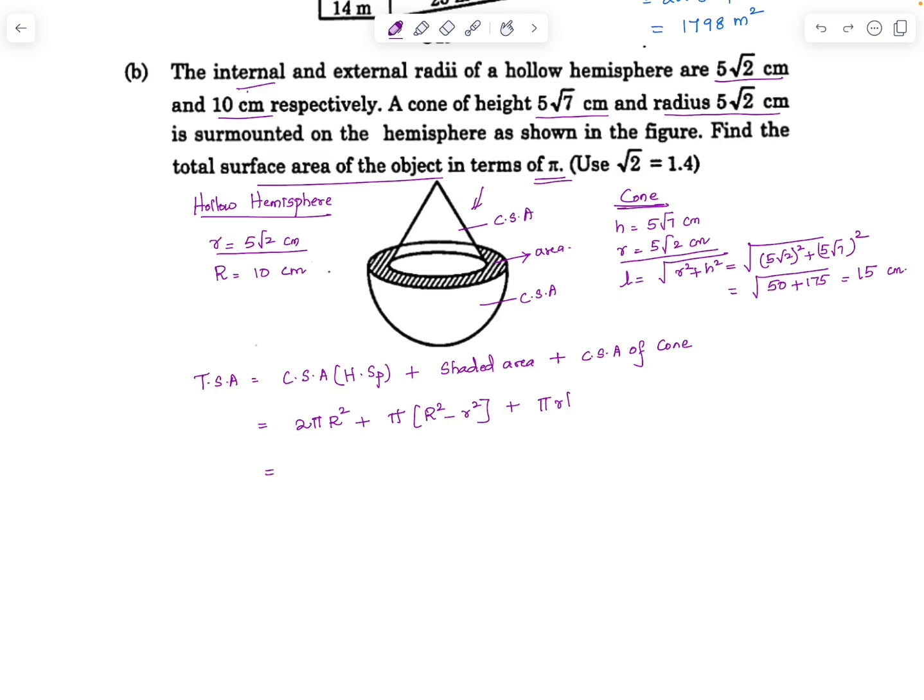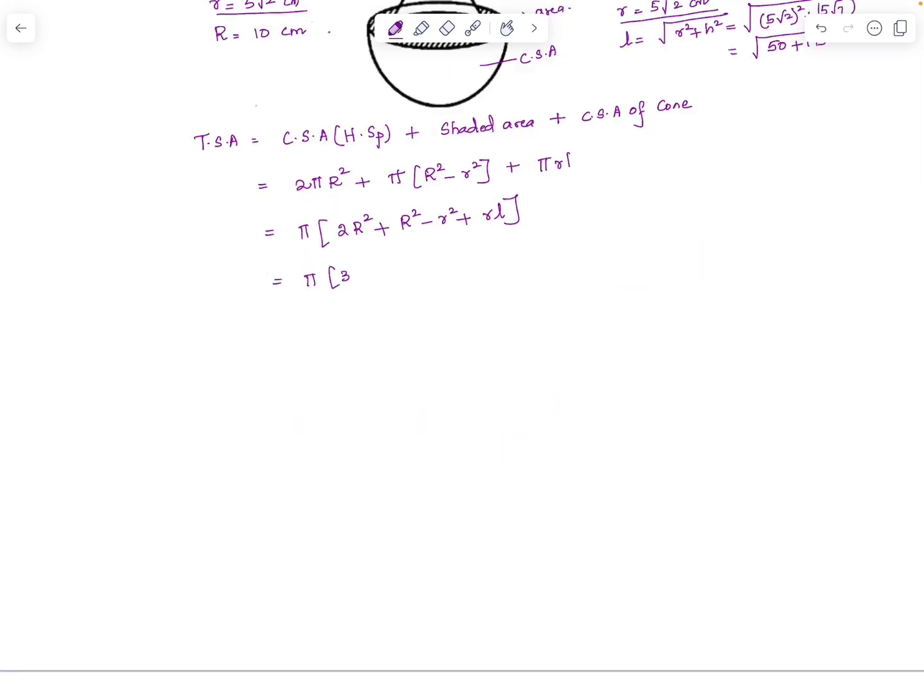Pi is existing in all the terms, so taking it out as a common, we are left with 2 capital R square plus capital R square minus small r square plus r times L, which is pi times 3 R square minus small r square plus r times L. Pi times 3 into capital R is 10, so 10 square minus small r is 5 root 2 the whole square plus 5 root 2 into L is 15.